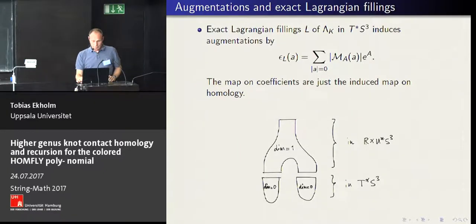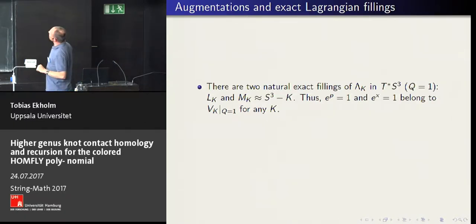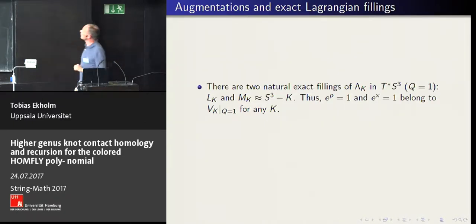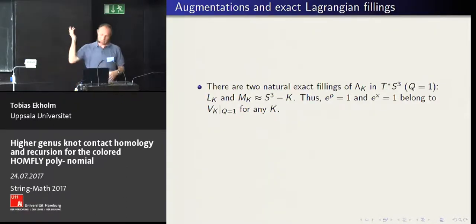Okay, so in particular, if we work in T star S3, then every knot has two natural fillings. So one is the Lagrangian conormal, and one is the complement of the knot. So you can get it by, say, Lagrange surgery on the conormal and zero section.